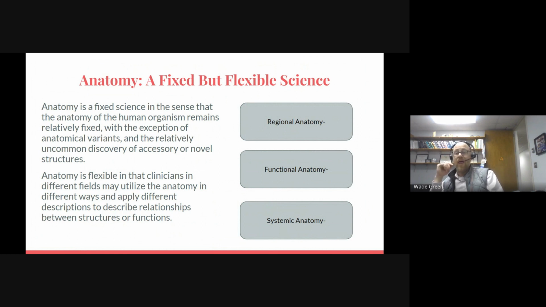So that, friends, is an example of systemic anatomy, where we are not bound to or concerned with the specific region we are looking at in that moment. We are utilizing the anatomy and studying it as a system.